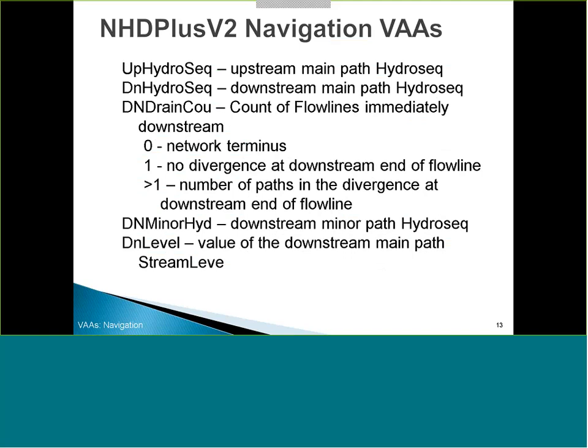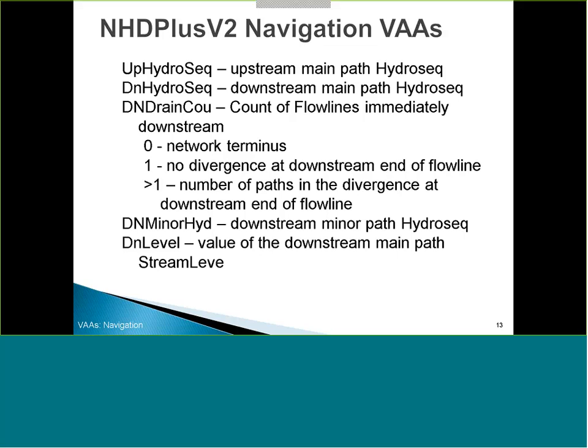If you're looking downstream, you know how many flow lines are immediately downstream, so you know whether you're about ready to go into a flow split. You know what the minor hydrosequence number is. So for the vast majority of flow splits that are just two paths, the main path and a secondary path, you have both hydrosequence numbers in the VAAs.